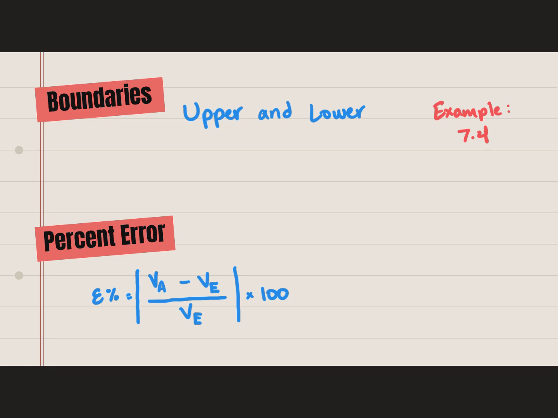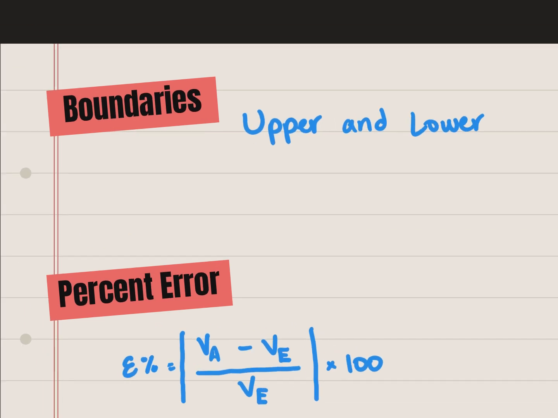For upper and lower boundaries, there are specific ways that we find them. What we're looking for is all the numbers that would round to the given measured value. That keyword, measured, is super important.